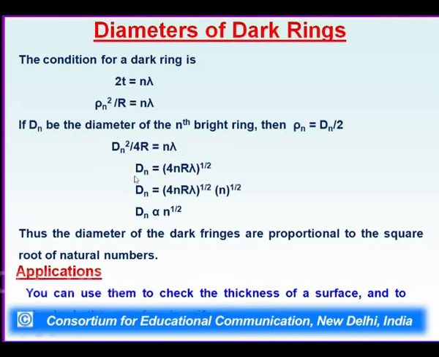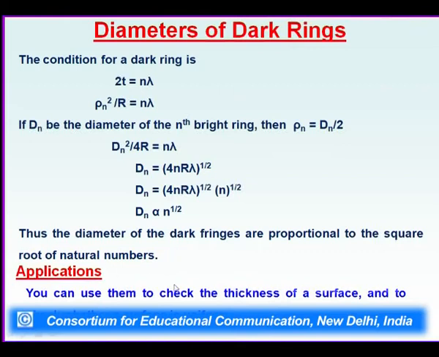So dn is equal to (4n r lambda) to the power 1 by 2, which is (4 r lambda) to the power 1 by 2 times n to the power 1 by 2. It means the diameter is directly proportional to the root of n. The diameters of the dark fringes are proportional to the square root of natural numbers.